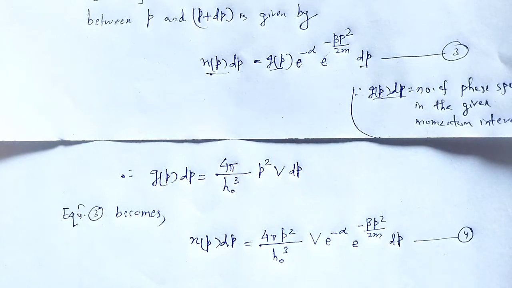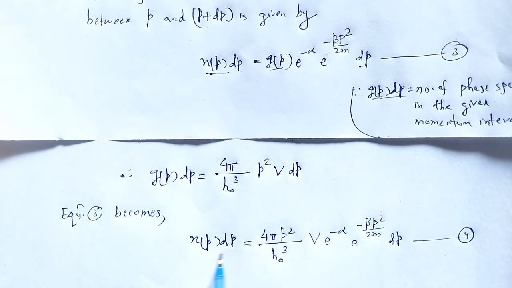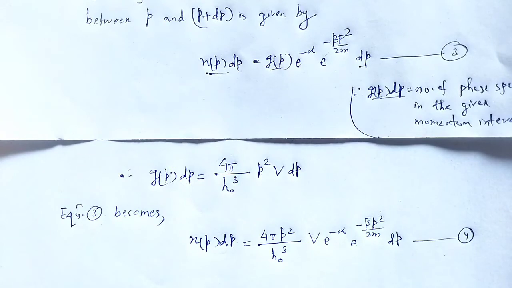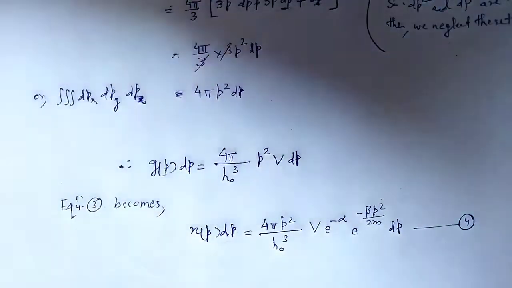Now we have to evaluate the constants alpha and beta. That is the number of molecules in the momentum range, np dp. So what should be the total number of molecules? Then we have to integrate that one.